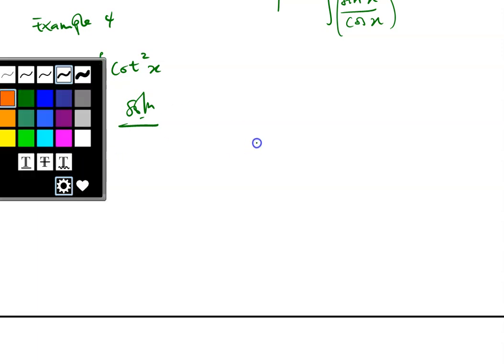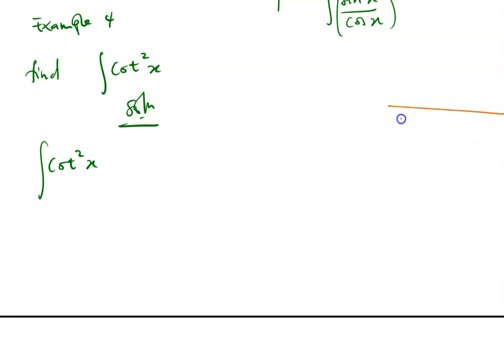Before I solve that, I need to use this rule. What substitution can I use here? I can say that cot squared x plus 1 equals cosec squared x. Let me expand the space there and write it well.